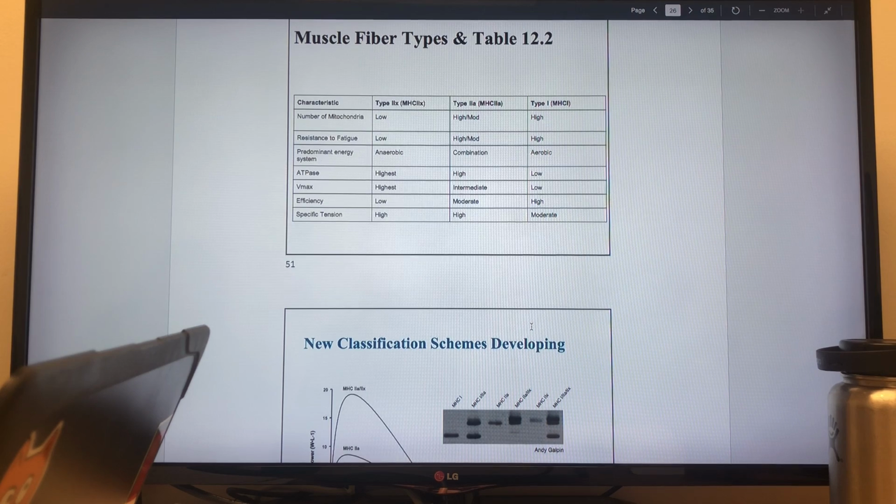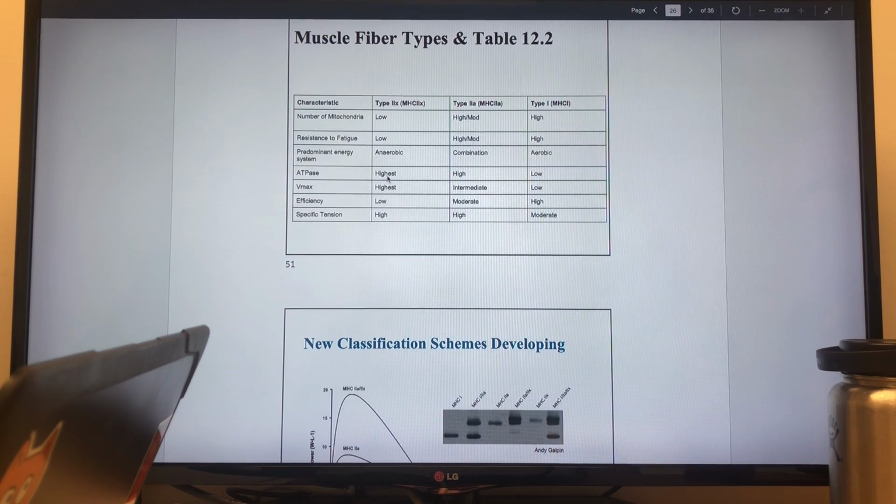But basically all of this is just telling you about type 2X, type 2A, and type 1. So it shows you the amount of mitochondria, etc. So type 2X, low. It has the lowest resistance to fatigue, so they instantly get tired and they're done. Anaerobic, because it's fast.